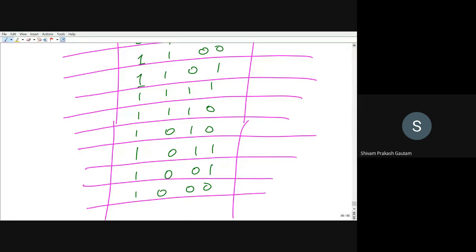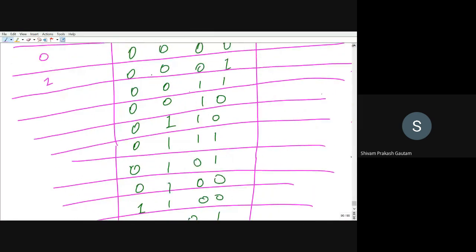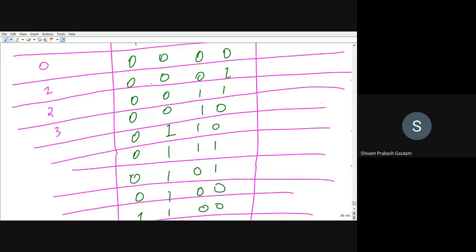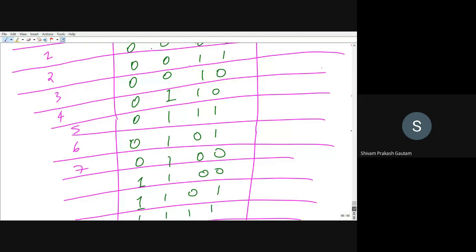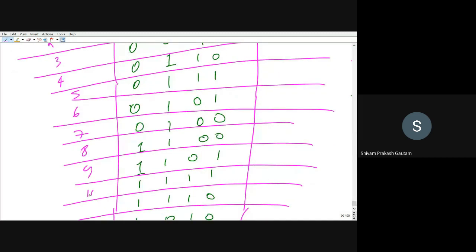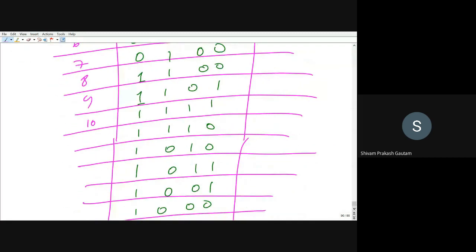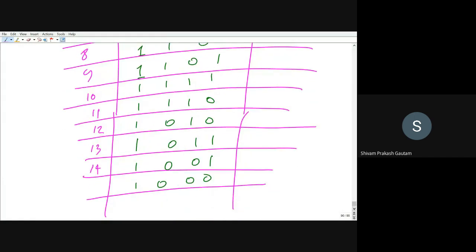Okay, so we will write the decimal numbers: 0 1 2 3 4 5 6 7, 8 9 10, 11 12 13 14, and this is 15.